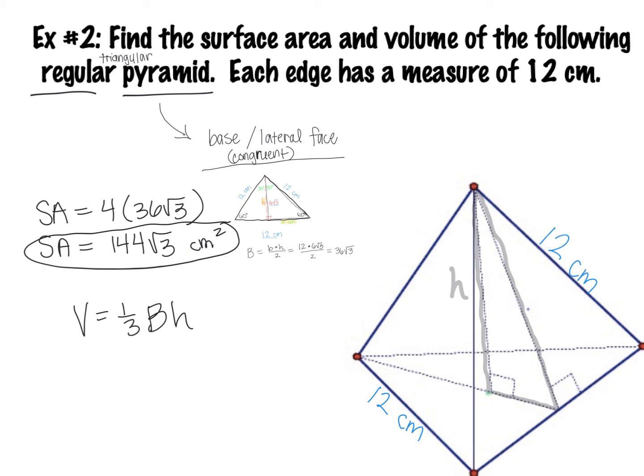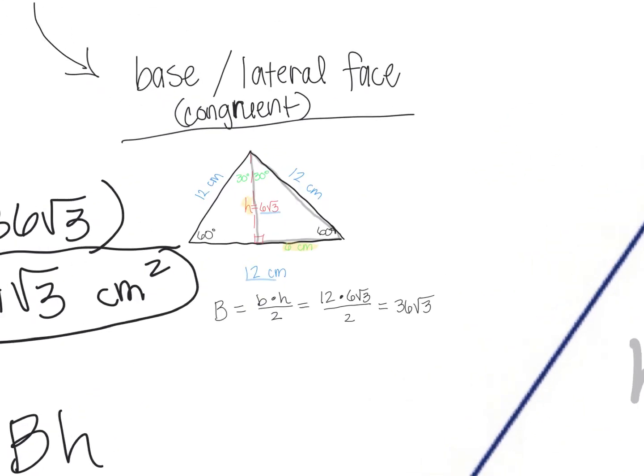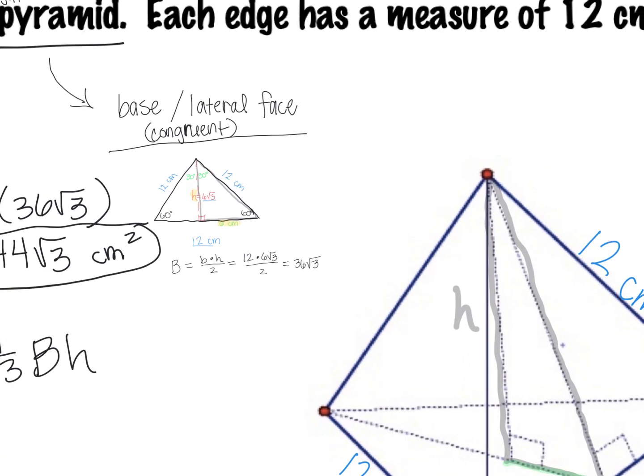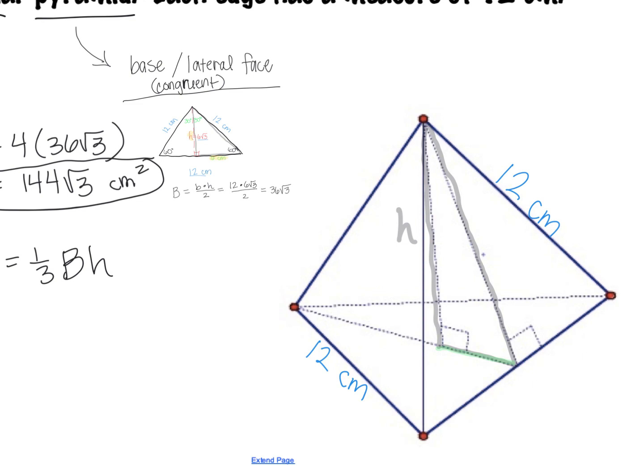So to find this green highlighted segment, I'm going to remind you that the height of the base is 6 radical 3, which means that the green highlighted segment I just wrote down would be a third of 6 radical 3 according to the Centroid Theorem. And a third of 6 is 2, so that's really 2 radical 3.